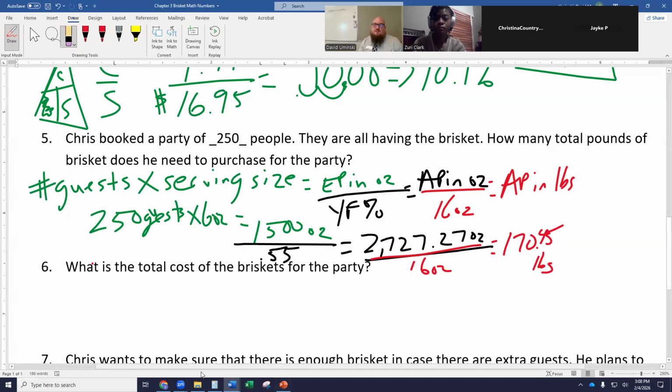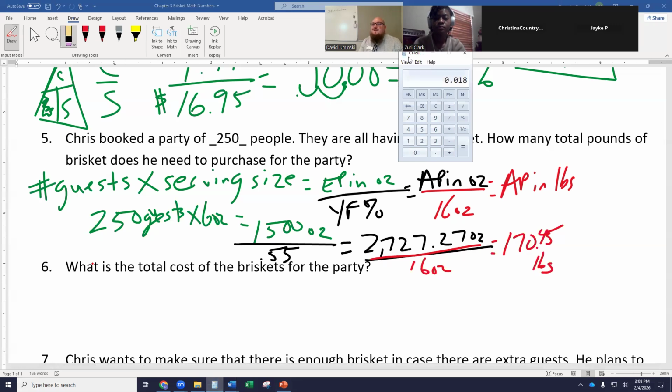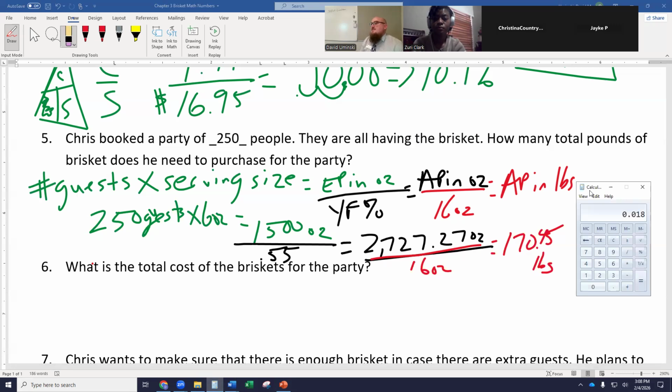Imagine just for a moment, if you haven't taken Mr. Yaminsky's class and you don't know about yield factor percentage, and you just say, I have 250 people, they're going to eat 6 ounces, that's 1,500 ounces. Divide by 16 ounces, I'm going to order 93.75 pounds.